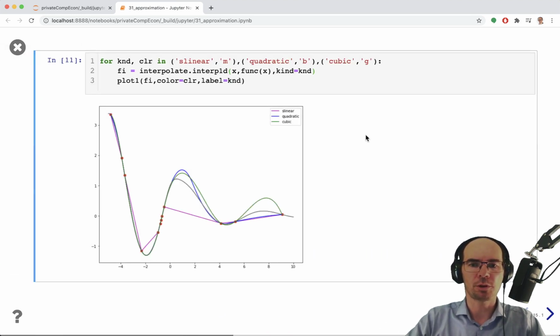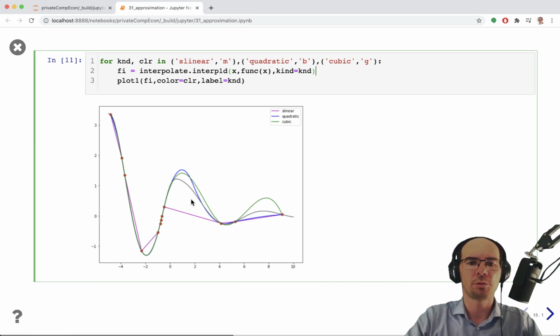Okay, something which is more often used are the linear or S-linear, linear splines, quadratic splines, and the cubic splines. So these are the interpolations which are a good choice for smooth functions, like the one we have here.